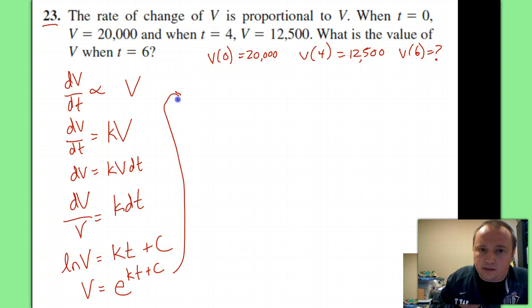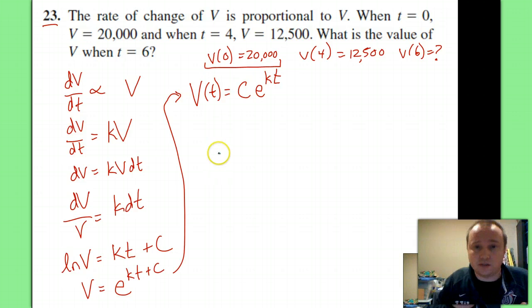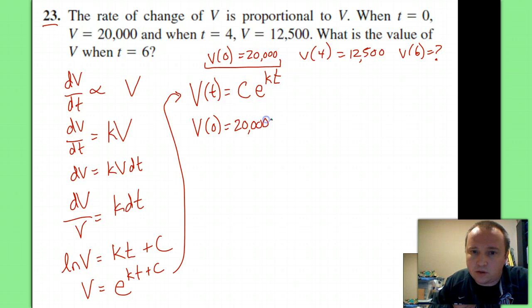And by simplifying, I get v of t, just so I can write it in my function notation, equals c e to the kt. Now, I need to use my initial conditions.